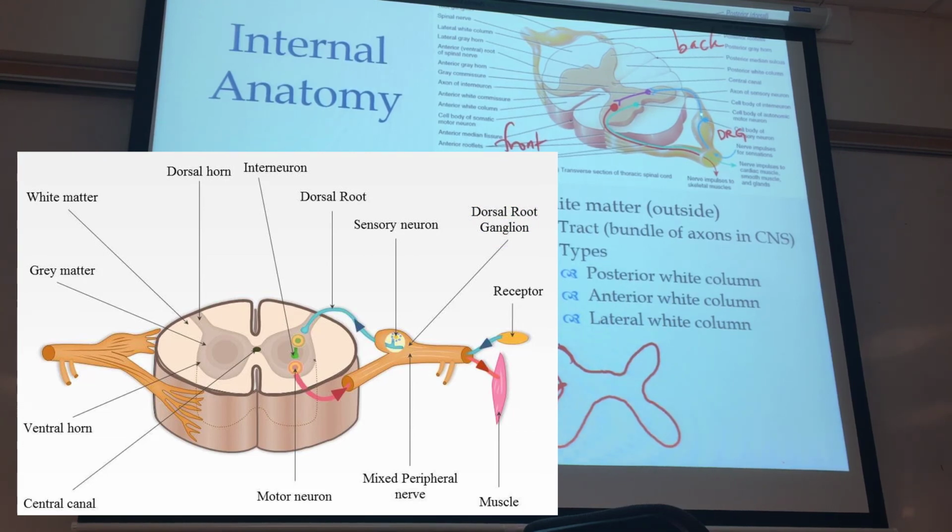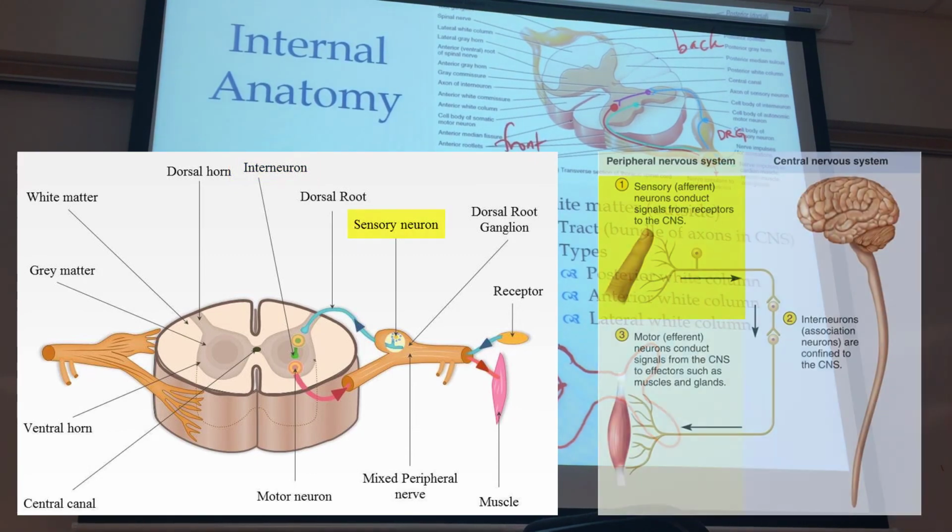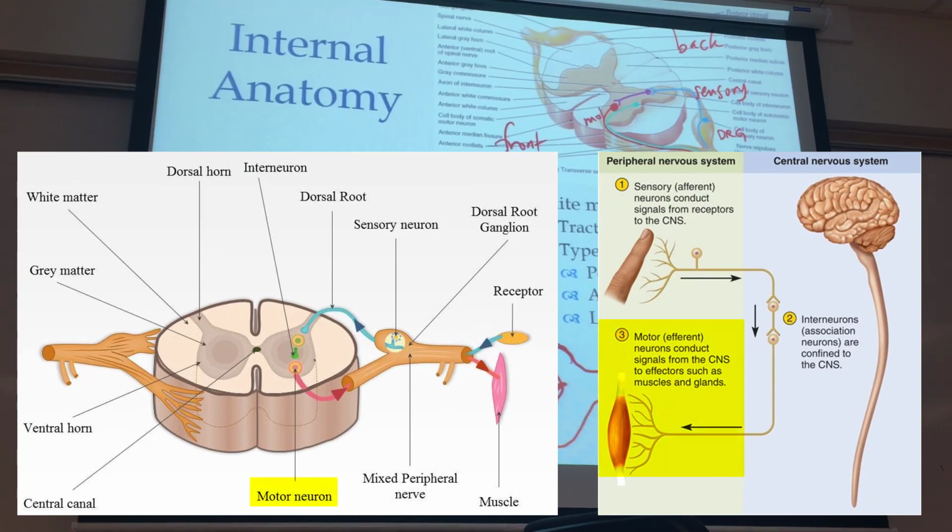They'll travel through, and those axon terminals will lead to the interneurons, which are going to be in between the sensory and the motor. So this is sensory, this is motor: ventral gray horn for somatic motor, or lateral gray horn for autonomic motor pathways.